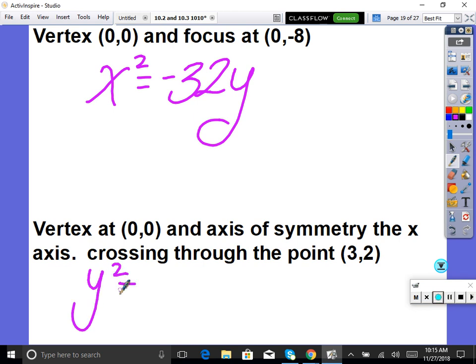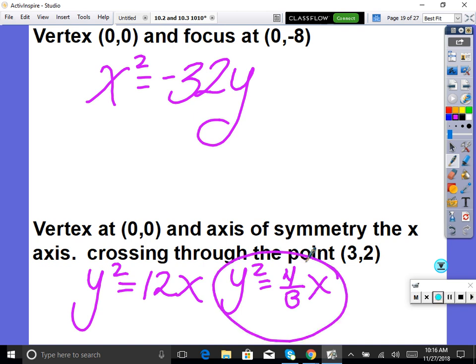Anyone else get that? I got y squared equals 4/3. Anyone else get that? This one? Okay. I got 4/3. Awesome. All right, good.